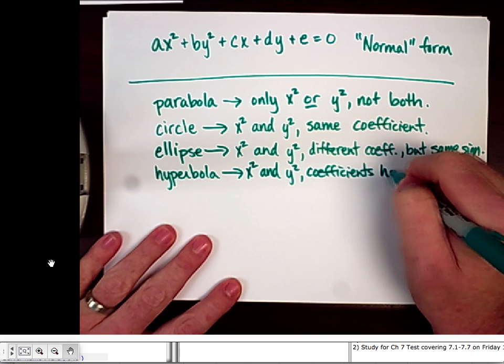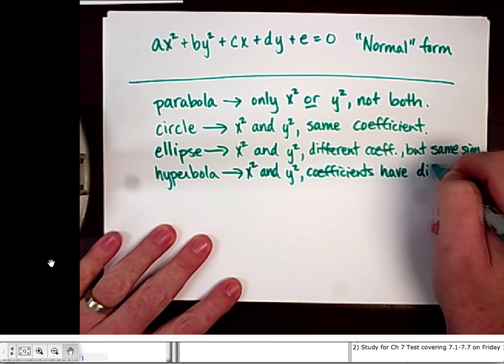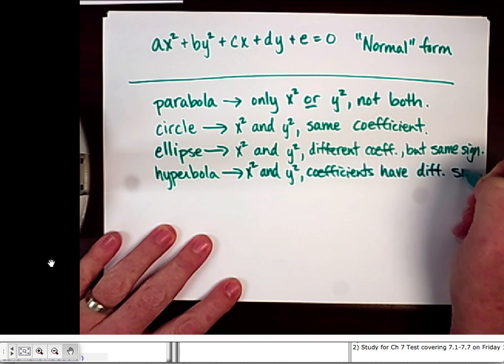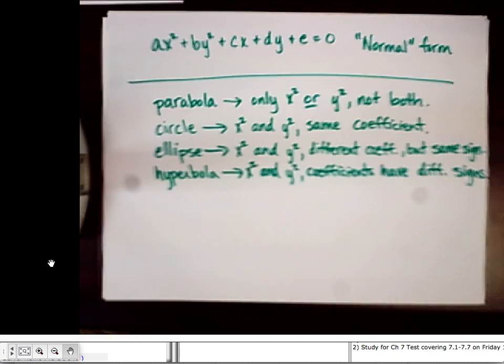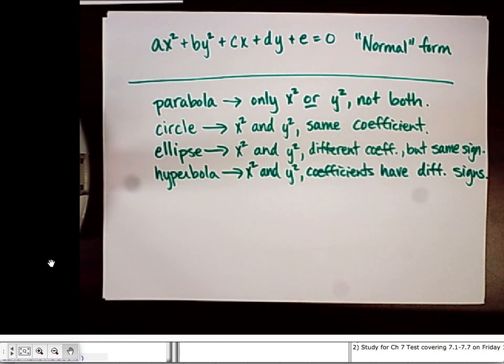Coefficients have different signs, meaning one is positive, one is negative. So that's really it, and it doesn't get more complicated than that.